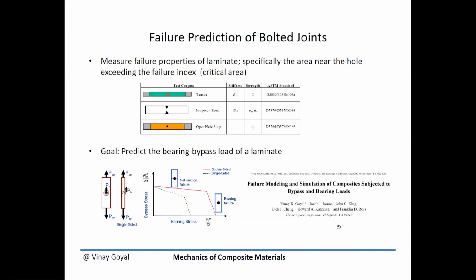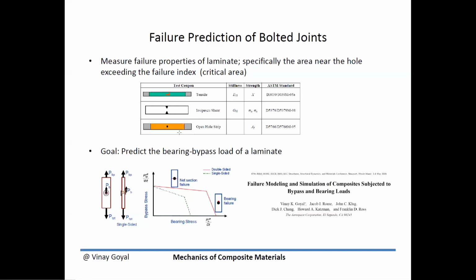So what is bearing loading and what is bypass loading? Bypass loading is loading that's acting far field from the hole, so that load will go around the hole. The bearing load is the one that the fastener applies directly into the hole. If you were to apply bypass load alone with no bearing load, you're likely going to get a net section failure, meaning you're going to crack the composite, such as the red line that you see there.